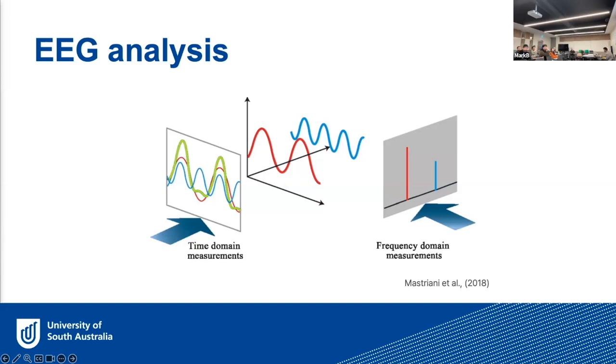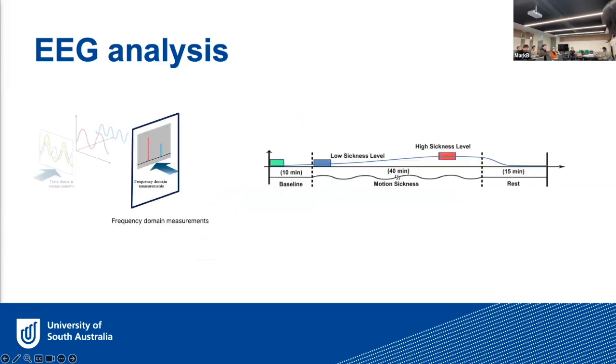Or we can ignore the time-related factors and just focus on the frequency domain. In this case, all these signals are converted to the level of power of each frequency band, such as alpha or beta.